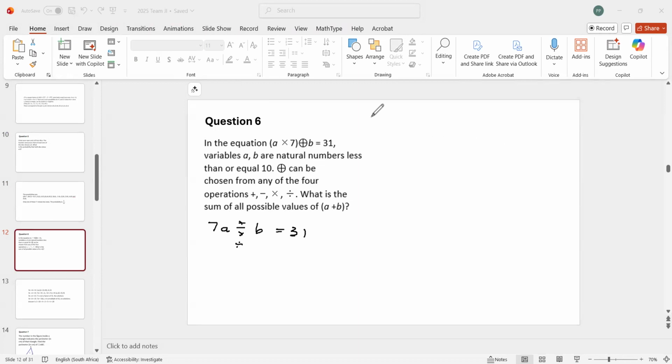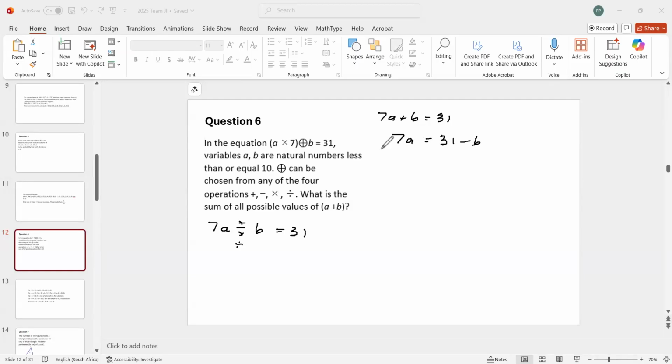Okay, let's take them one at a time. You've got 7A plus B is equal to 31. So 7A is equal to 31 minus B. Okay, so this is a multiple of 7.